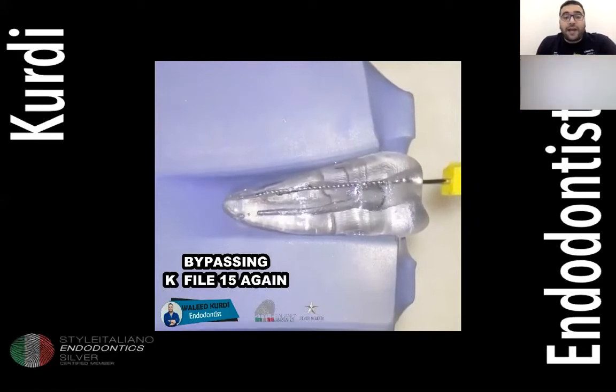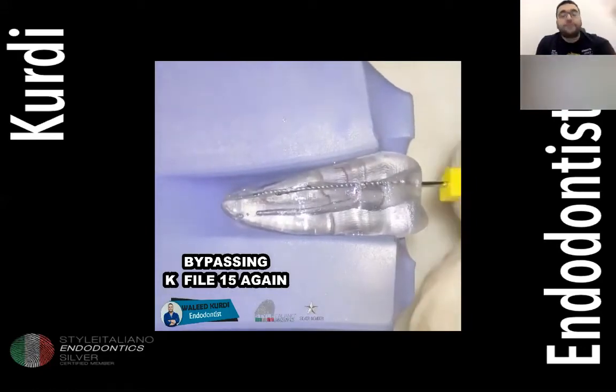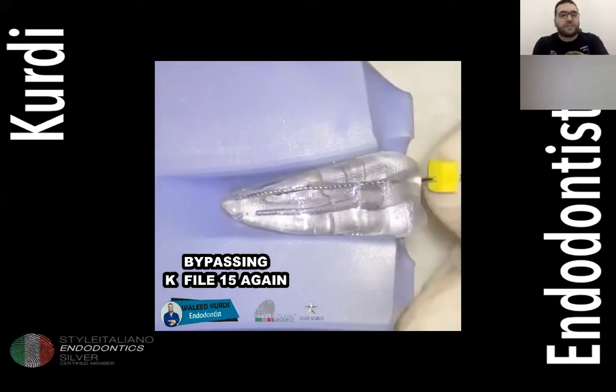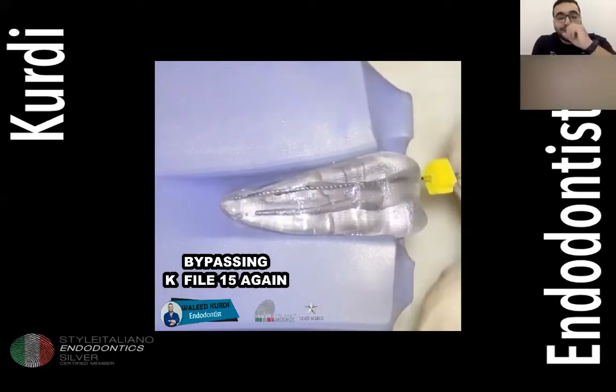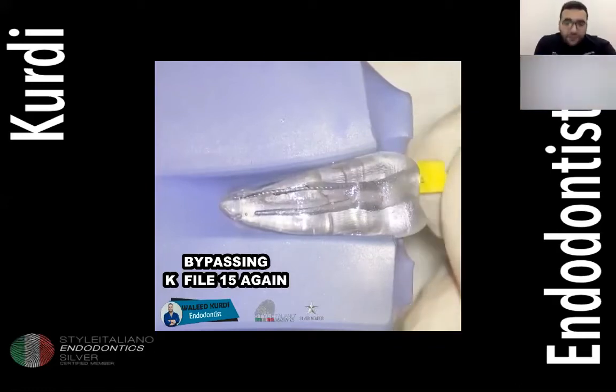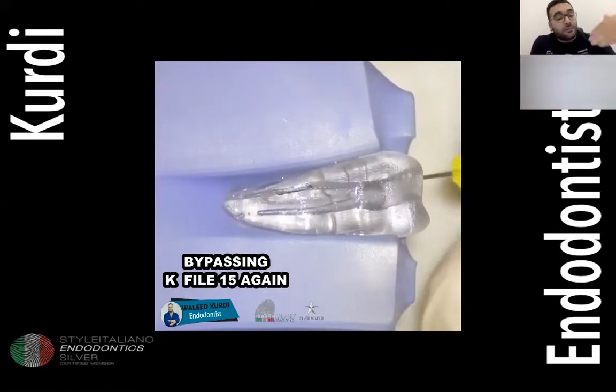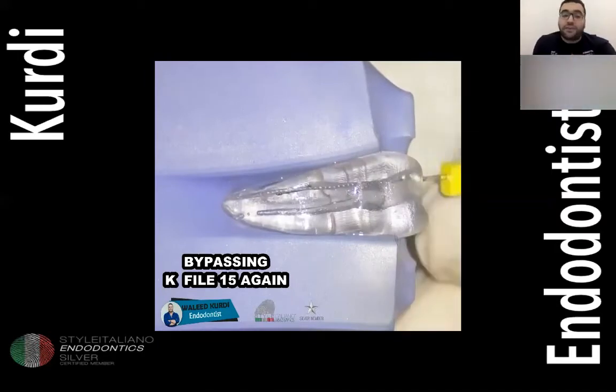Now with K file number 15, we can move from K file number 10 to 15, or from whatever size to the next one, after the file is completely loose inside the canal. When K file number 10 is completely loose inside the canal, I can go to K file number 15.